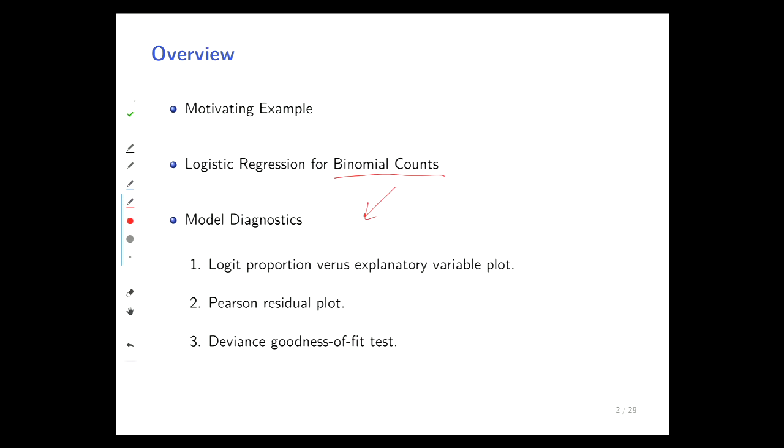We are going to have these 3 tools, actually 2 plots and 1 test. The first one is the logit proportion versus explanatory variable plot. If you remember the multiple linear regression model, we have the response versus explanatory variable plot, so you can compare. We have something similar here. The second diagnostic tool is called the Pearson residual plot.